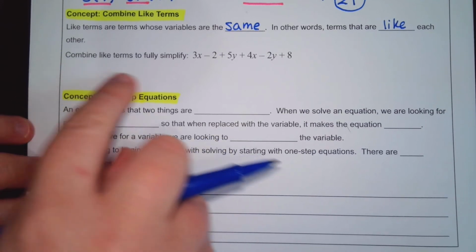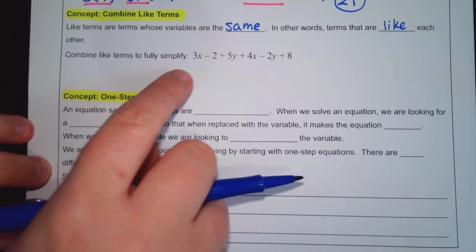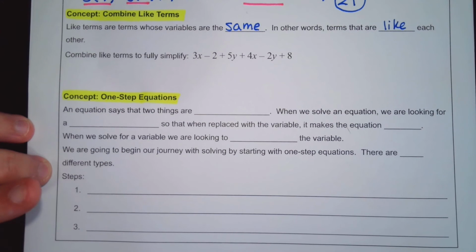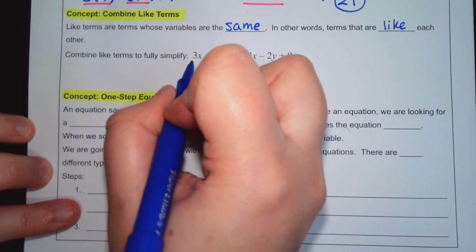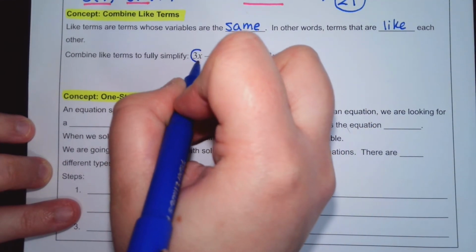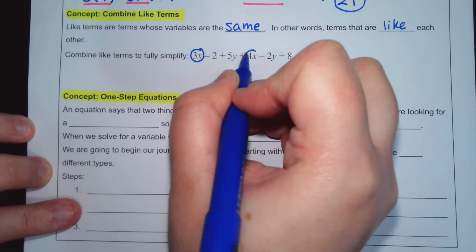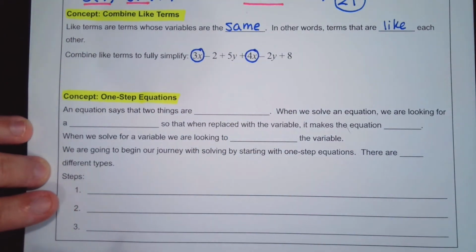So here, combine like terms to fully simplify. 3x minus 2 plus 5y plus 4x minus 2y plus 8. So I'm going to start with 3x. 3x matches with 4x. So those two are going to go together.